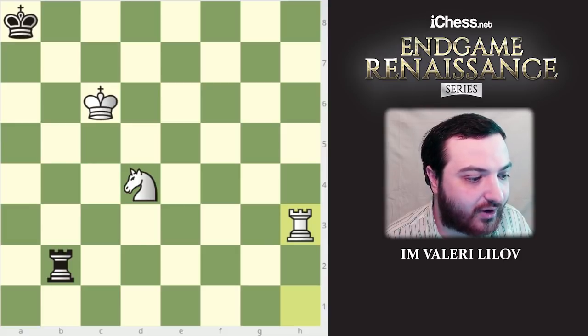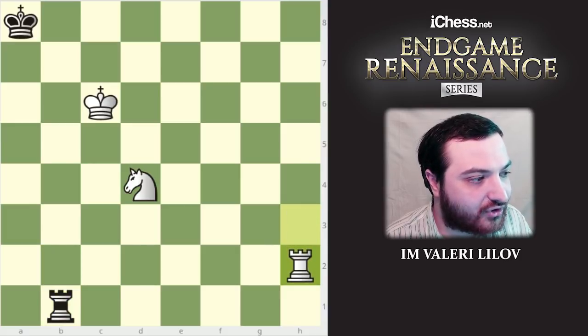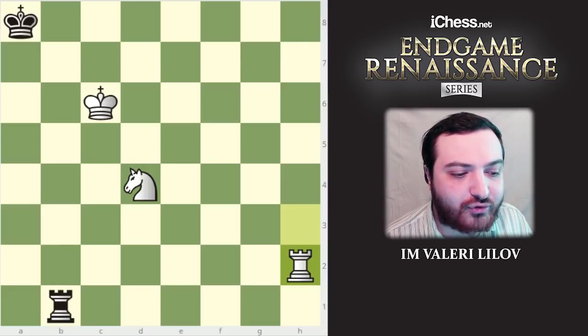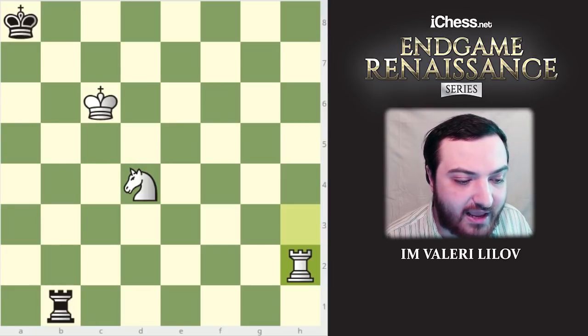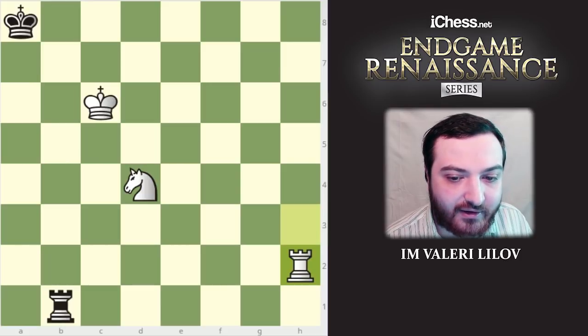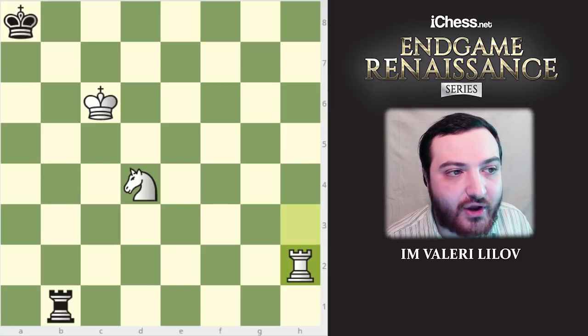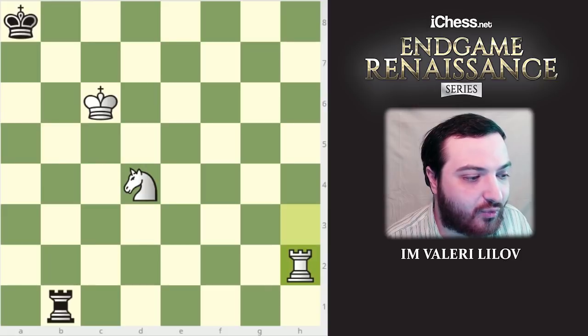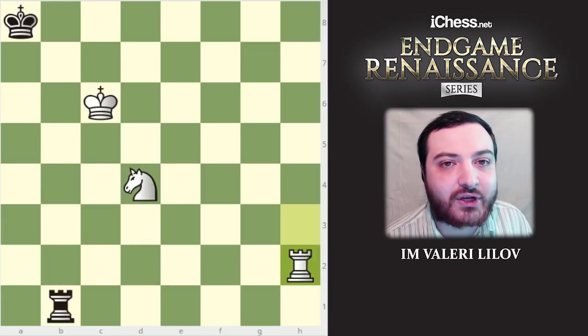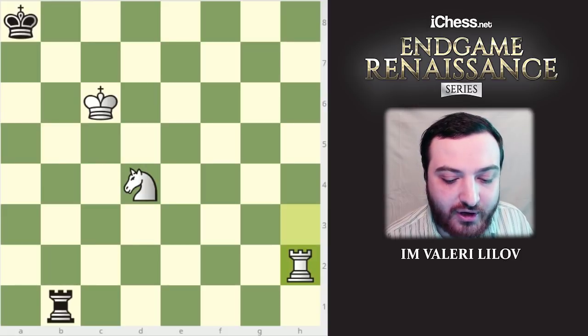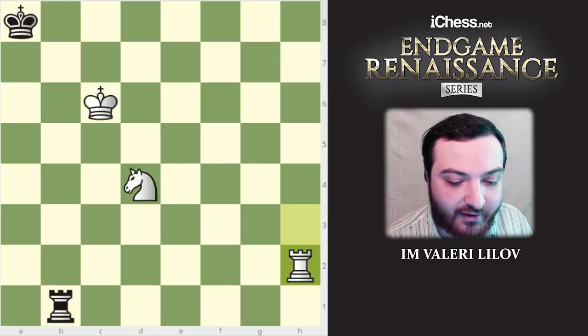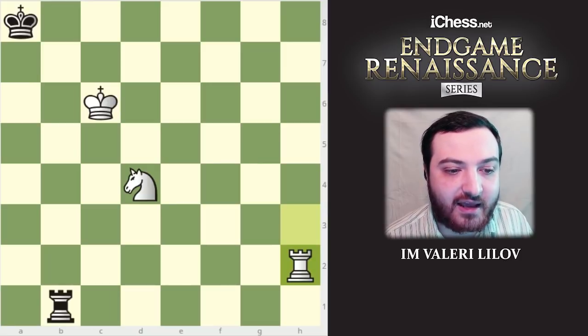This is rook h3, rook b1, rook h2. Now, you may find those moves completely useless, and I wouldn't blame you. They don't look particularly brilliant. So why are we doing them then? If they're not looking brilliant, what's the point? The point of each and every one of those moves is to wait. Patience is the greatest virtue you could ever have in an endgame position.